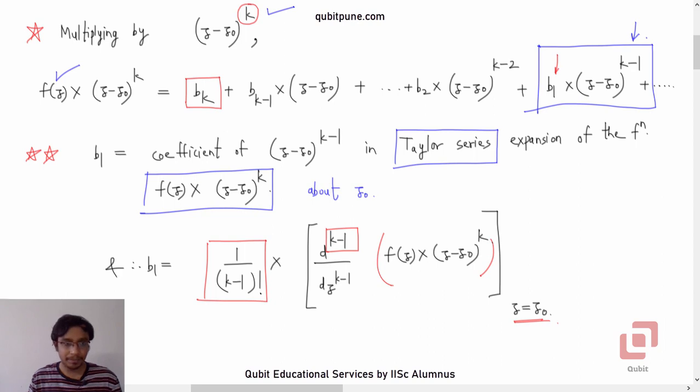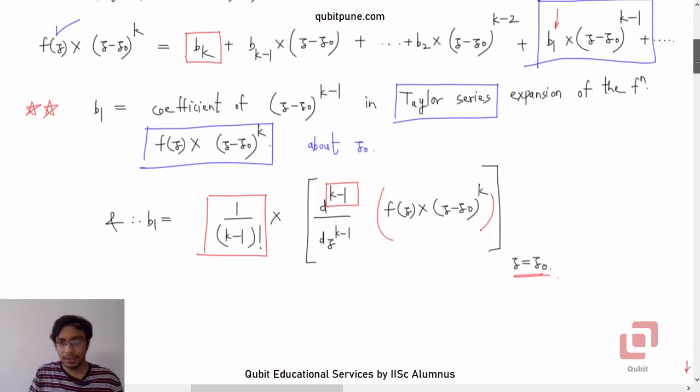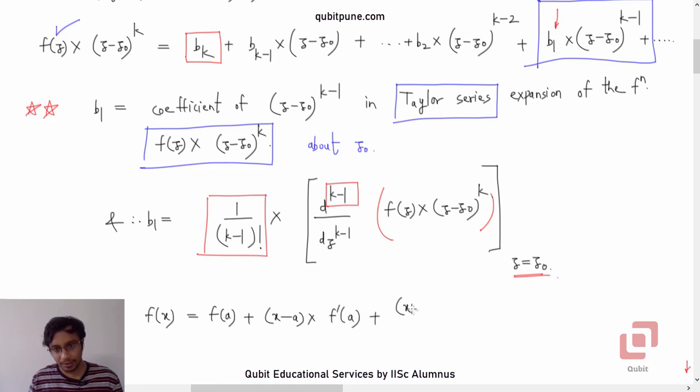Let me write down the Taylor series expansion of f of x, let's say, about a. The first term is f of a, the second term is (x minus a) into f prime of a, the third term is (x minus a) squared upon 2 factorial into f double prime of a, and so on.